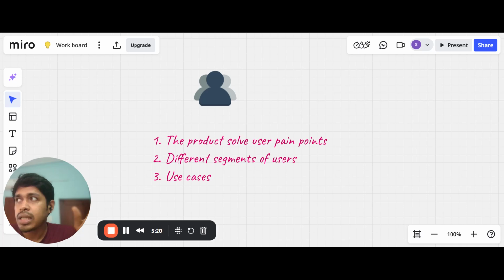So let's take an example, Airbnb. What are they solving? They are solving a real pain point of travelers. They want to stay at some homes, not exactly hotels, and they want to experience the local events or whatever it is, right? They want to explore the local events.